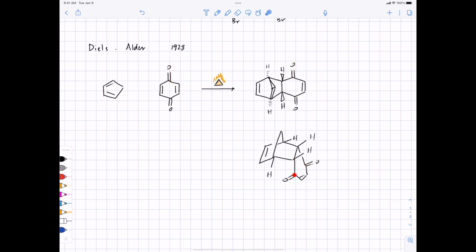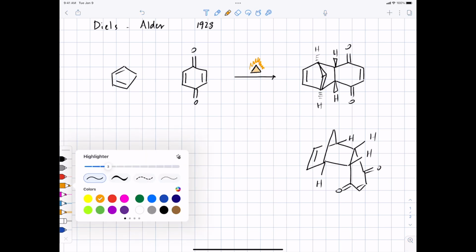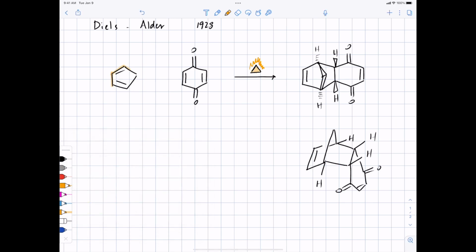And so what I've tried to draw here is this 6-membered ring with the ketones on either side. And maybe it'll become clearer if I try to highlight the portions of the molecule from our starting material that are still present in the product. All right, so let's do the 5 atoms of cyclopentadiene.